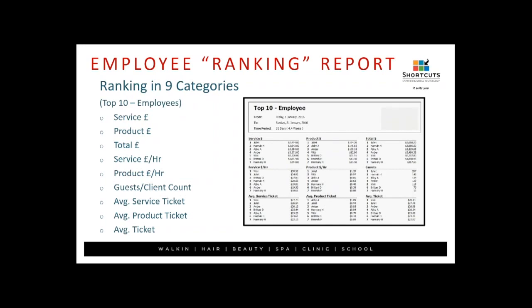The average product ticket, again, look at your most popular product and then make sure that this is above. So hopefully your staff are selling products on every bill. And then your average ticket overall will give you a rough idea of where you're at. So are your staff upselling extra services and extra retail on top?